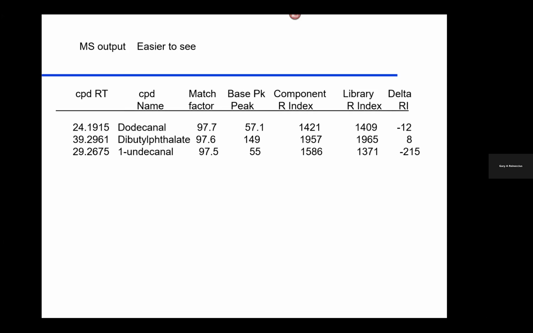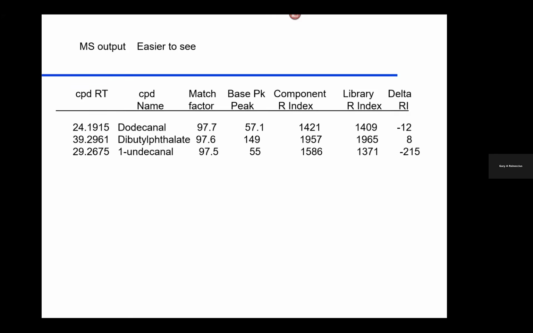This is 97.7 for the dodecanal. The base peak gives you the most abundant fragment, and that's a mass of 57. So having that base peak is useful in terms of identification.